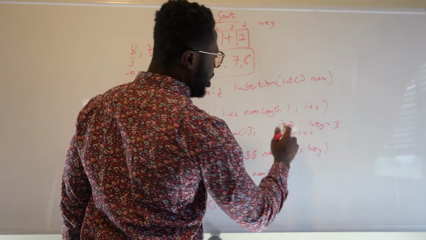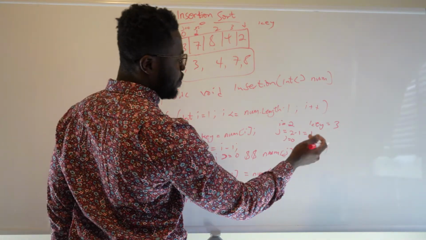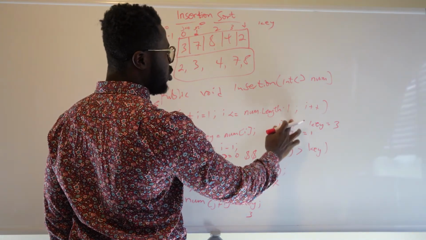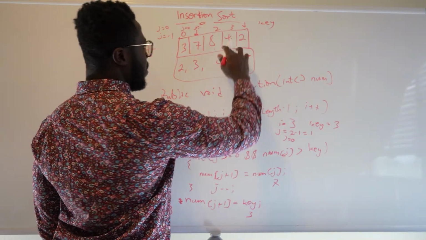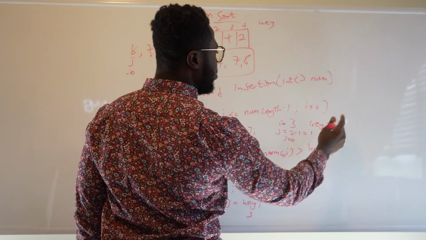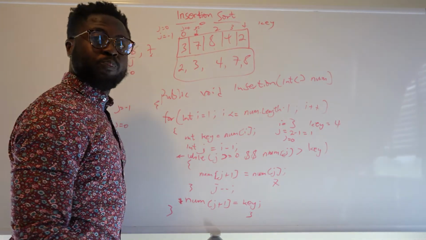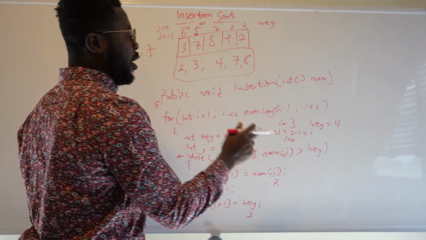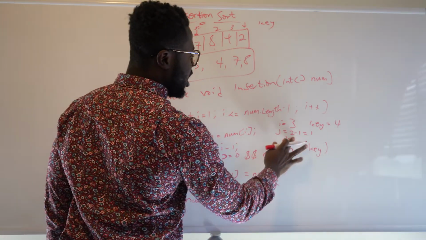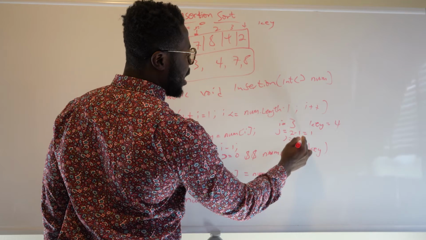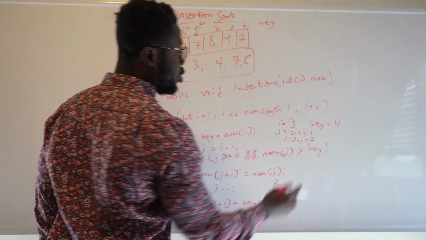Then we increment i again. So i is going to be 3, which is the key, num at 3, going to be 4. When the key is 4, that means j is supposed to be 3 minus 1, and that is going to be 2.